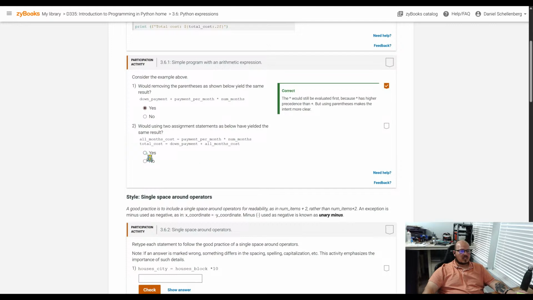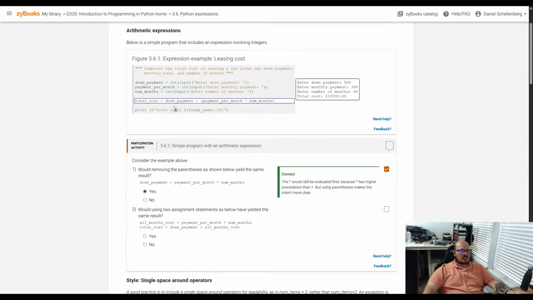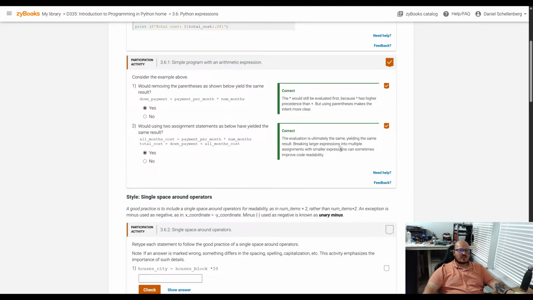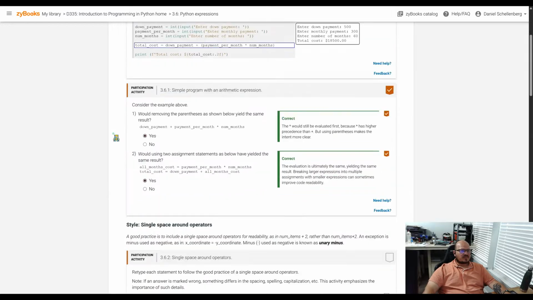I'm going to say yes, because it looks like number of months, all months cost, down payment, payment per month. I'm going to say yes. Yeah, it's okay. So the evaluation is ultimately the same, yielding the same result. Breaking a larger expression into multiple assignments with smaller expressions can sometimes improve code readability. But yeah, okay, that's fine.